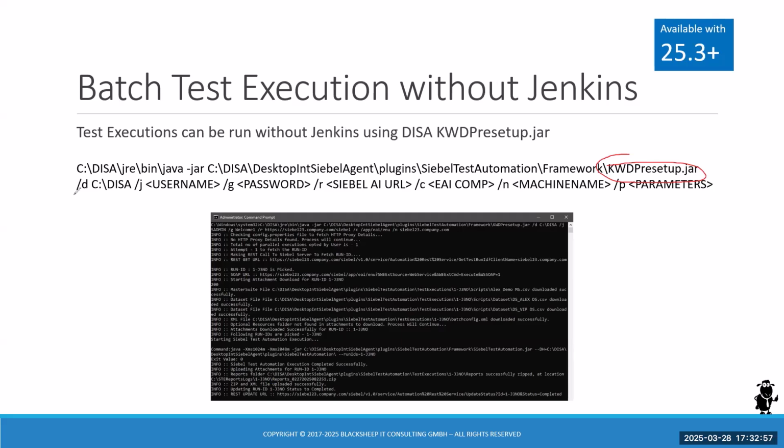You pass in these parameters, which is the same parameterization that is in Jenkins. If you have seen that Jenkins parameter plugin, it's the same parameters that go in. But DISA makes the connection, downloads the data, the keyword files, the data files, and executes the test.